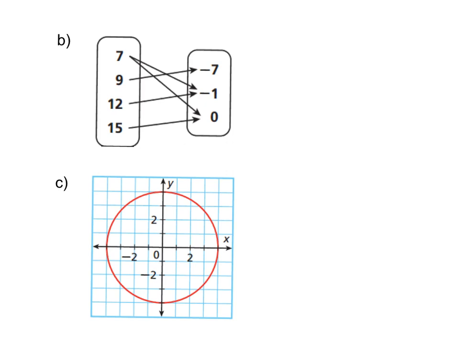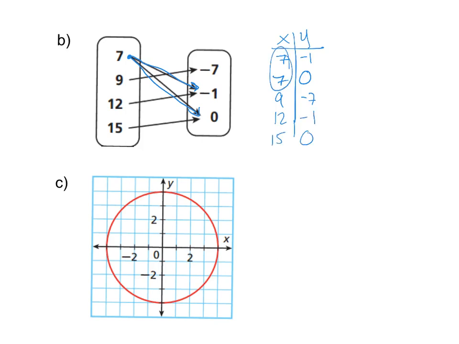Maps are hard to read sometimes, so I'm going to list out my ordered pairs. I'm actually going to make an XY table instead so I can see this a little bit better. So I have for 7 as an X, the Y paired with that is -1, but there's also a 7 paired with 0. So there's a 7, -1, and a 7, 0. Then there's a 9, -7, a 12, -1, and a 15, 0.